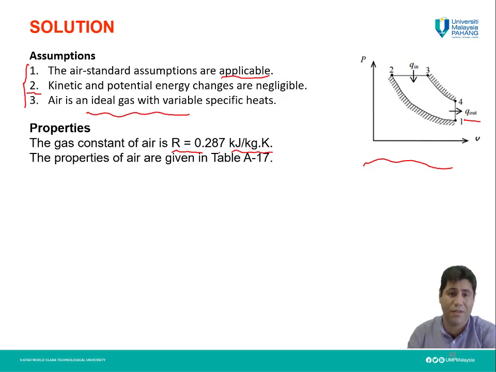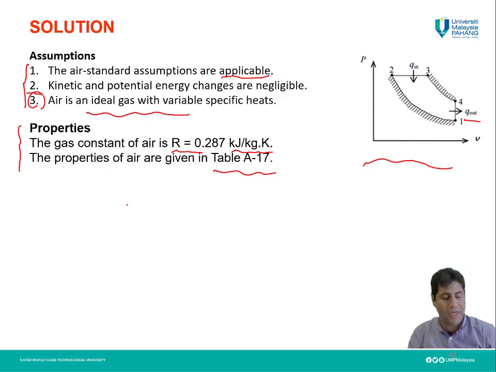And also, as I mentioned, based on these assumptions, the properties of air can be found in table A-17. Now we have our assumptions. We have the properties which are required for our working fluid.